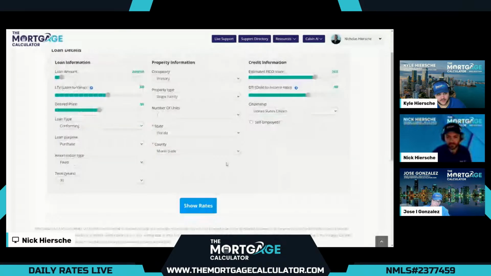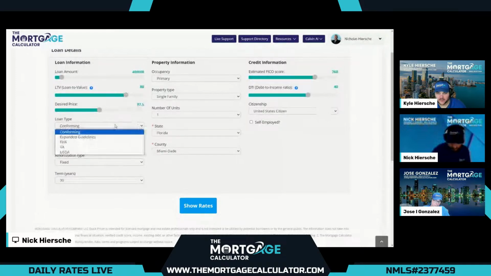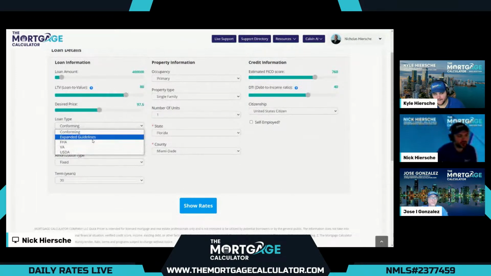There we go. All right, 400,000 loan amount, 80% loan, 20% down payment, and the lowest rates we can offer for conforming conventional. We'll compare that to FHA, which is usually the second option for most borrowers, and then we'll check out our 5 additional programs here under expanded guidelines.